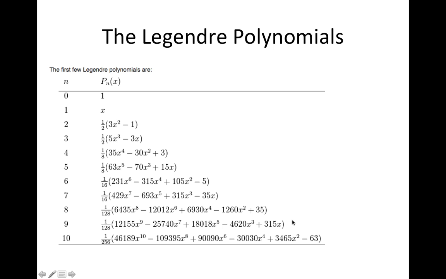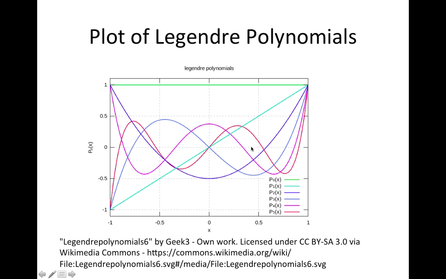And the reason that this is interesting is that, and here's just a table. If you use that algorithm, here's a table of the generated Legendre polynomials that come from that generating function for p sub n. The reason that this is interesting is that the Legendre polynomials represent something physical. So here's a plot of what they look like.